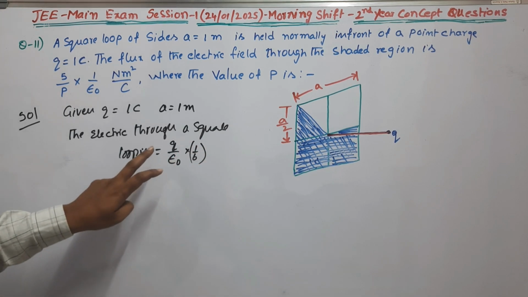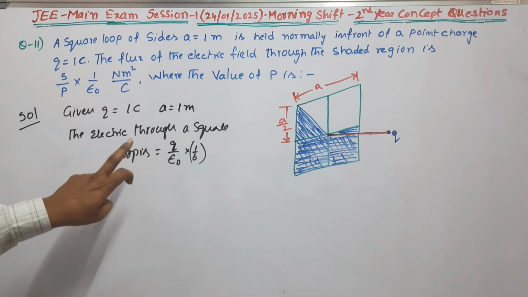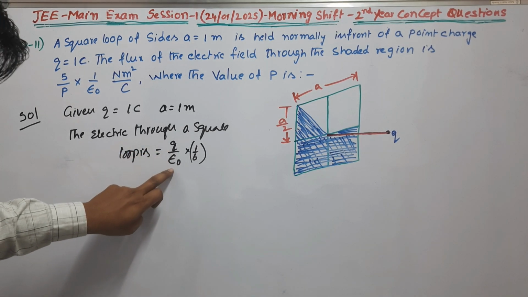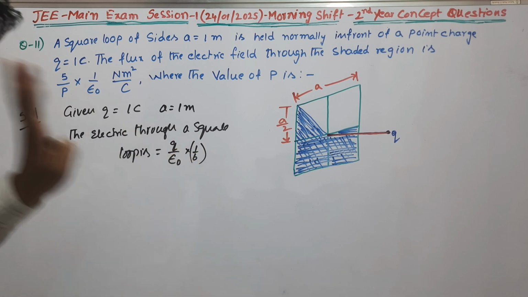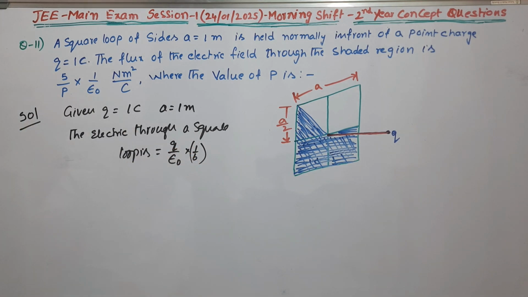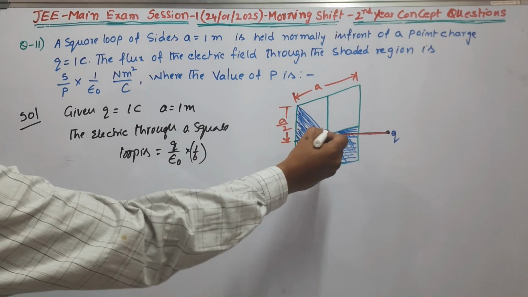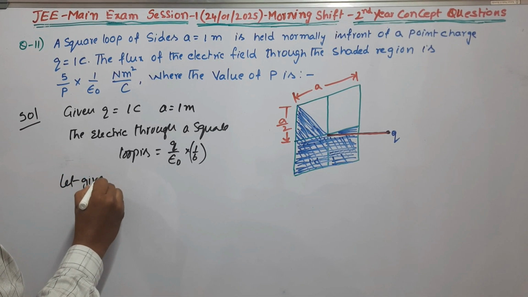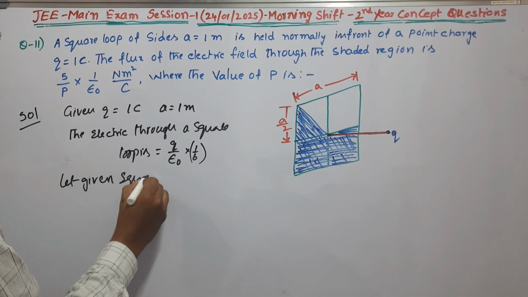So, this is a standard flux through a square loop. Q by epsilon naught into 1 by 6. Okay.